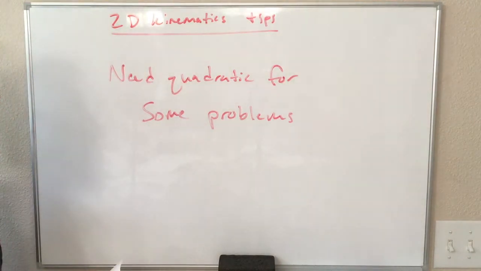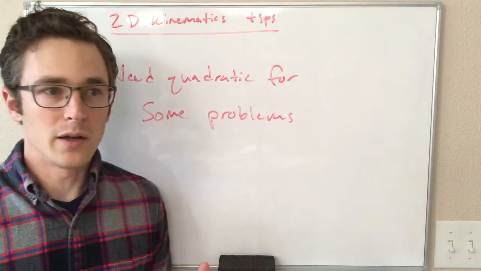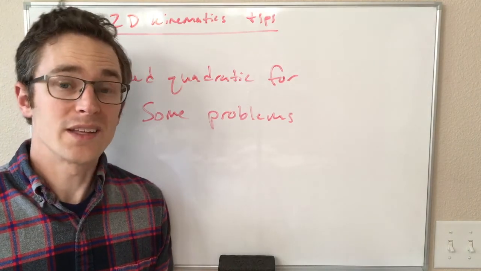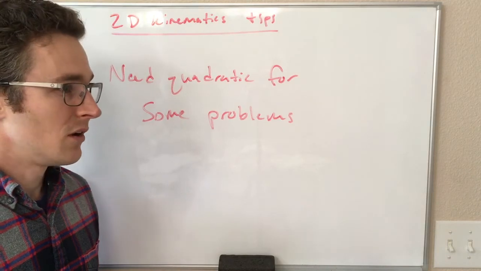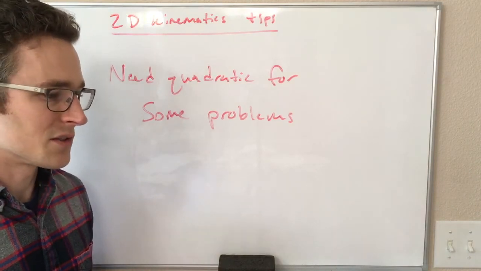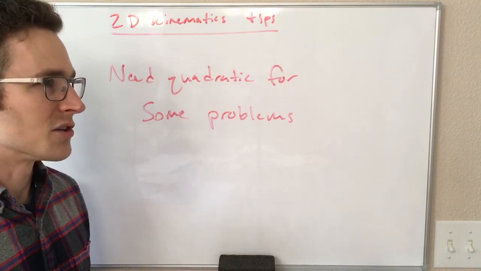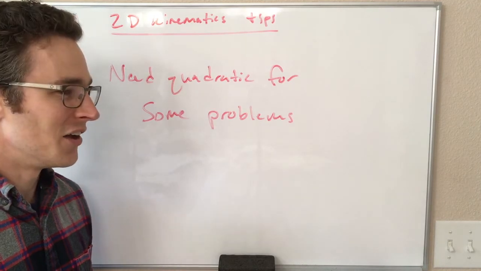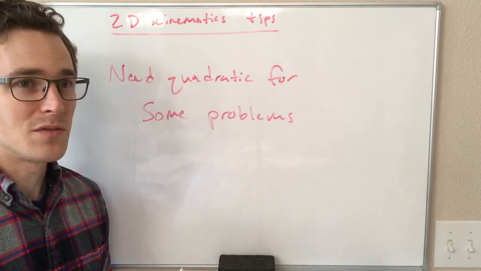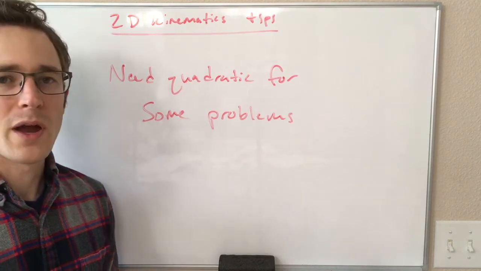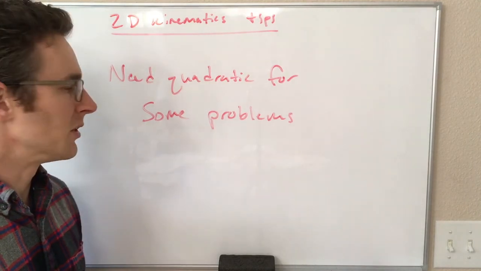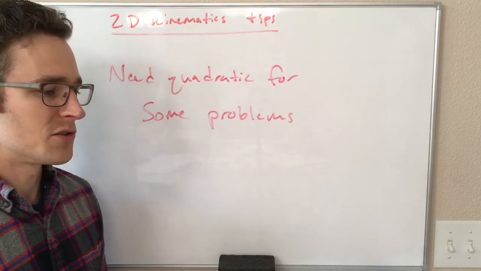This is not true for every 2D kinematics problem, certainly, and I am not going to give you one on a test that requires you to do the quadratic equation. The reason is it's a place where people make a lot of math mistakes, and it's no fun. If you're on a test and you run into a problem that you think you need the quadratic for, you are either going about it the wrong way or misinterpreting something, because I will not give you a test problem that requires you to do that.